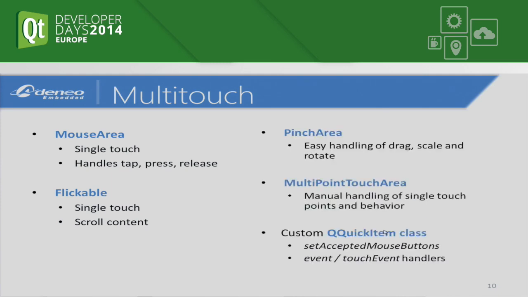And the real touch components are the PinchArea. So this one automatically handles for you, I think, just 2 fingers, only 2 fingers, and will give you information about drag, so when you move a component, scale when you do this pinch gesture, and rotation.